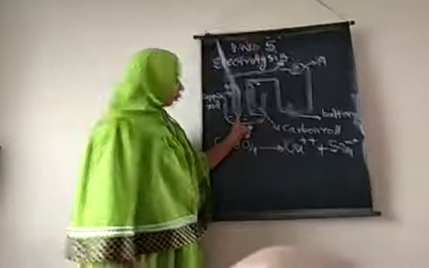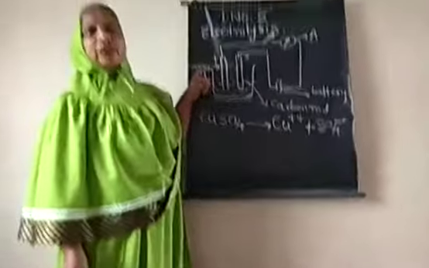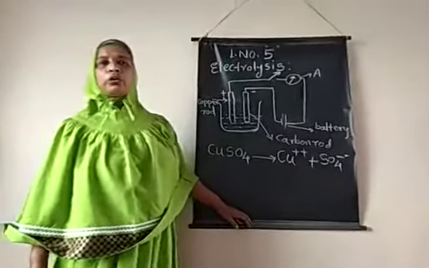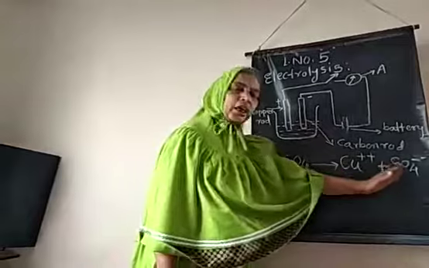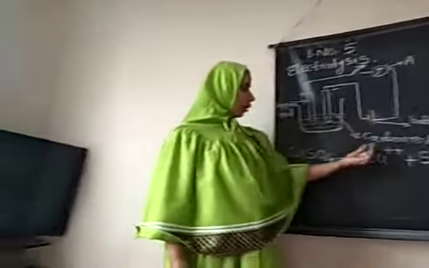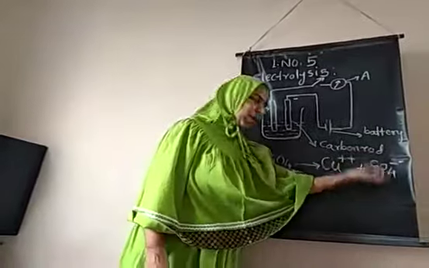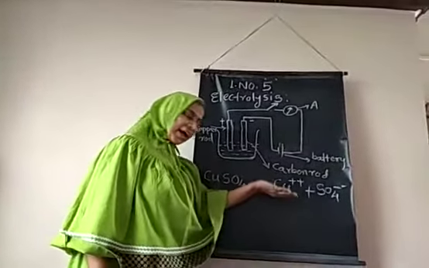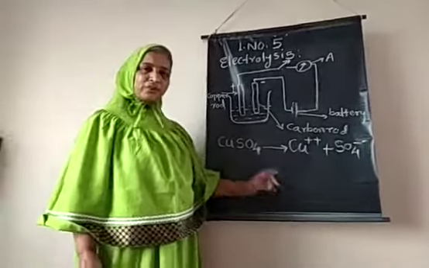Here Cu2 plus ions which are present in the solution, when we pass the electric current, move towards the negative terminal of the battery, and these two electrons are accepted by the ions, that is the cations and the anions. And after accepting the electrons, the copper ions get converted into atom form, that is solid form.